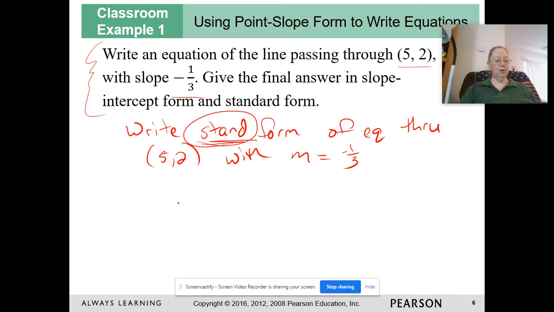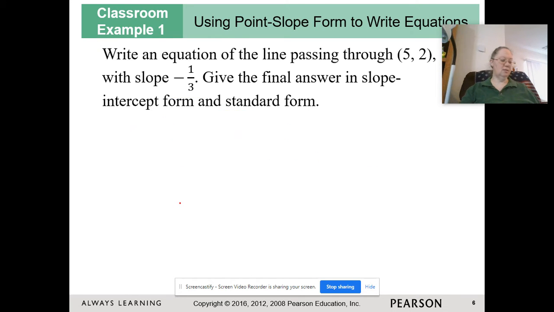So what we're going to do is ignore the fact that it says write the equation in standard form, or ignore the fact that it says write the equation in slope-intercept form, and go straight to point slope.